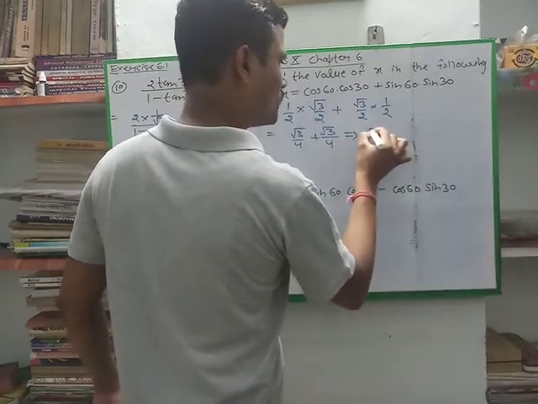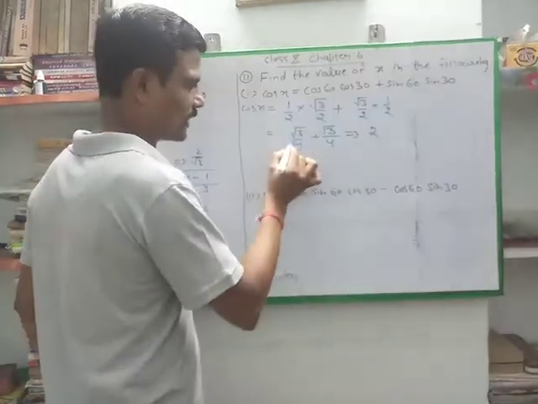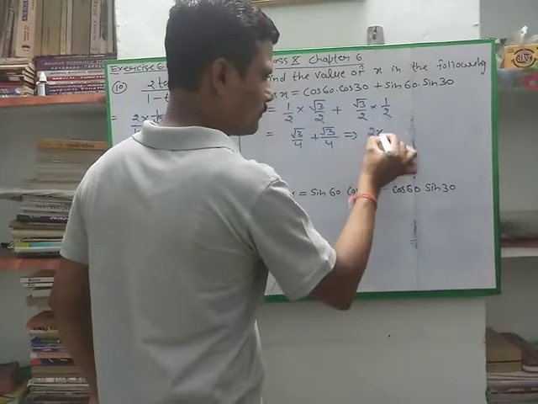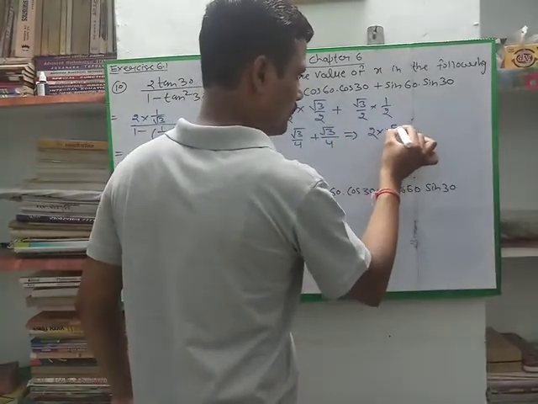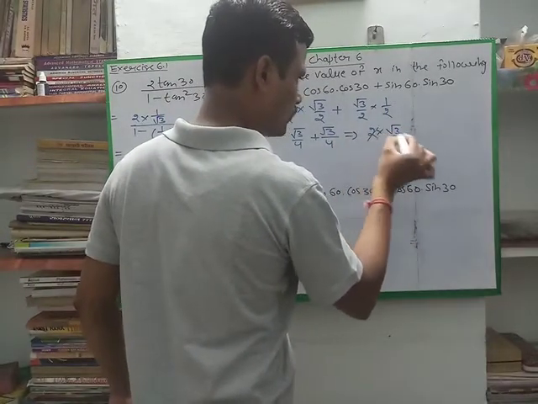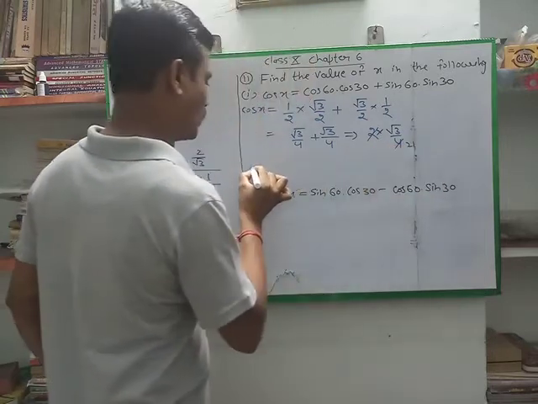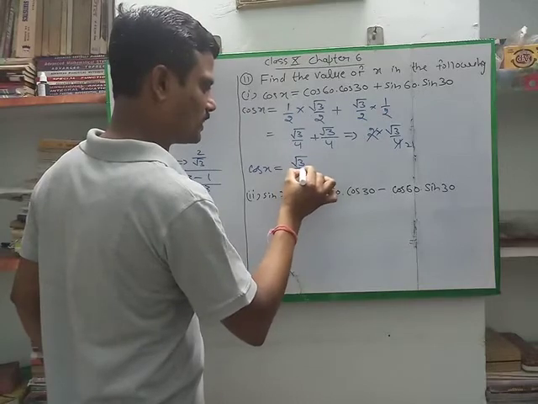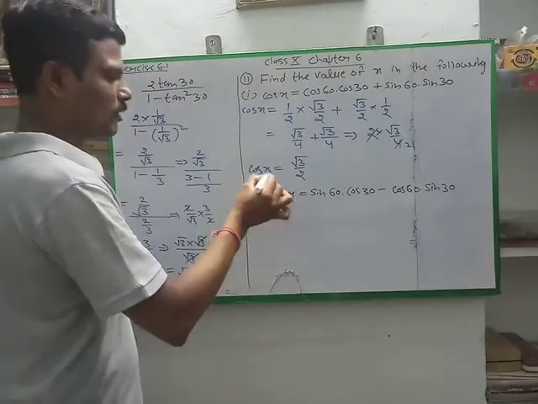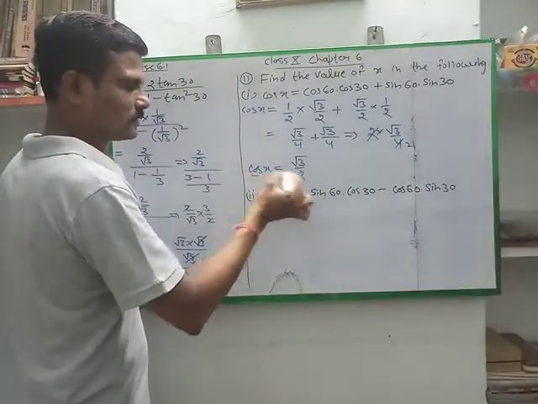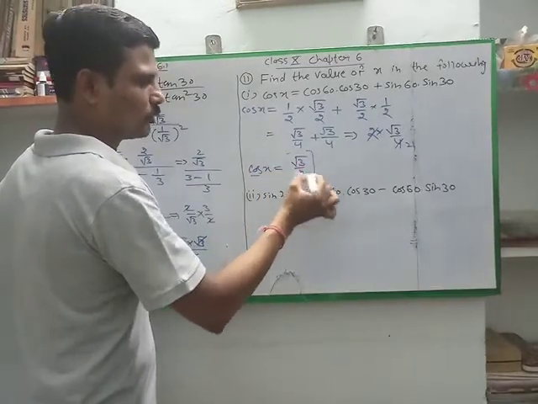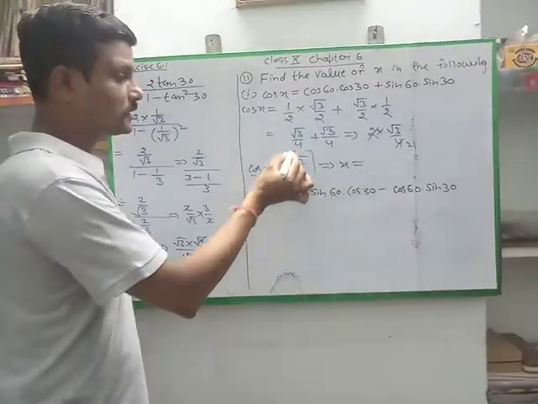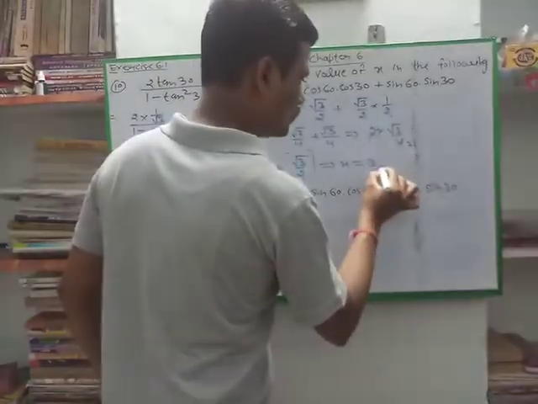So you can write 2 times root 3 by 4, and this will cancel out the 2. So cos x is equal to root 3 by 2. The value of cos is root 3 by 2, which is the value of cos 30. So x is equal to 30 degrees.